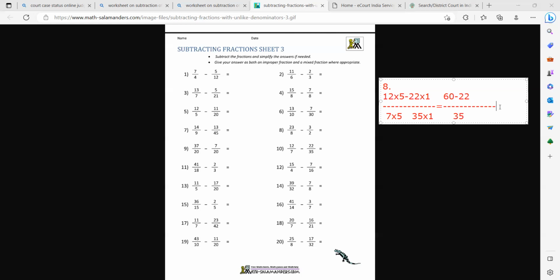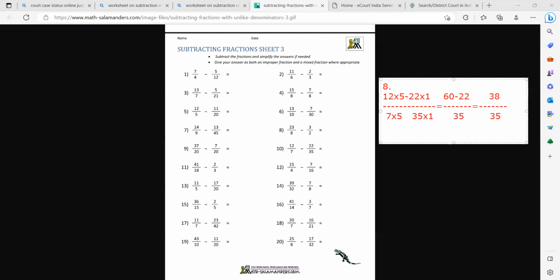So 60 minus 22 is how much? 38. 38 by 35. So if we divide 35 and 38, what is the answer coming? 35 into 1, and 38 minus 35 is equal to 3.